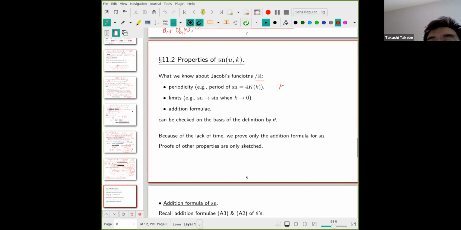K is the complete elliptic integral of the first kind.